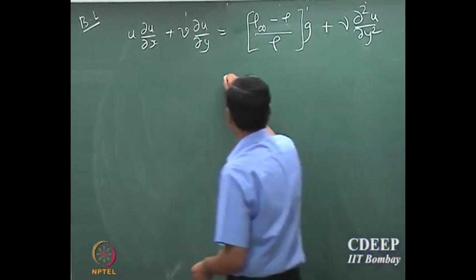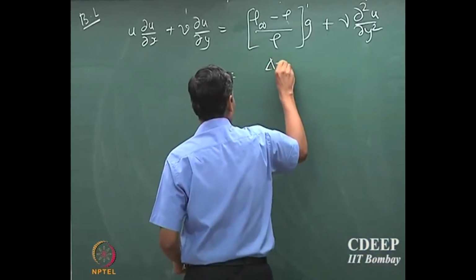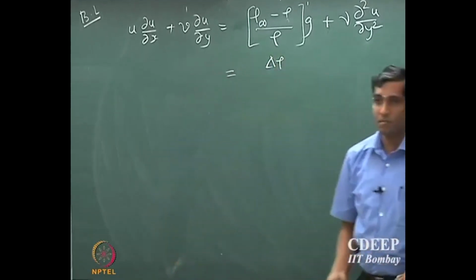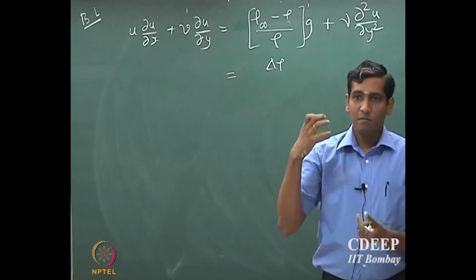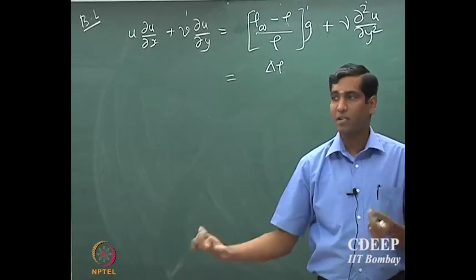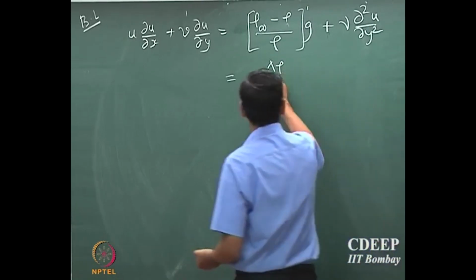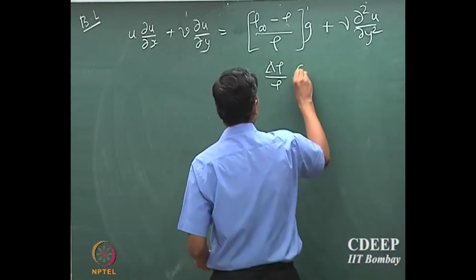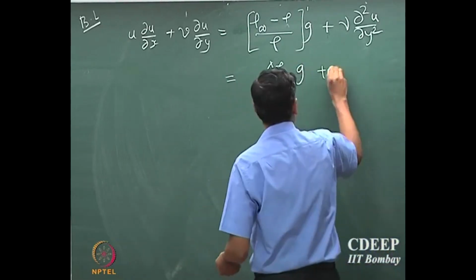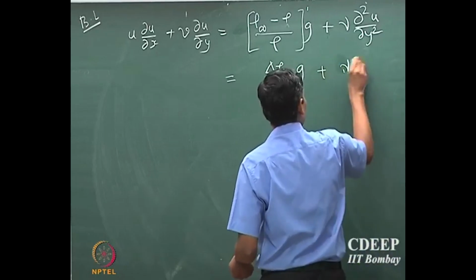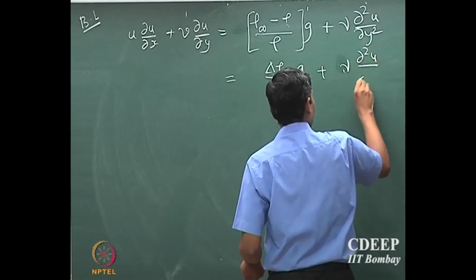So this is nothing but the difference in the density, delta rho, which is the difference in the densities in the bulk and any location in the boundary layer, divided by the density at that location in the boundary layer, plus nu into d square u by dy square.